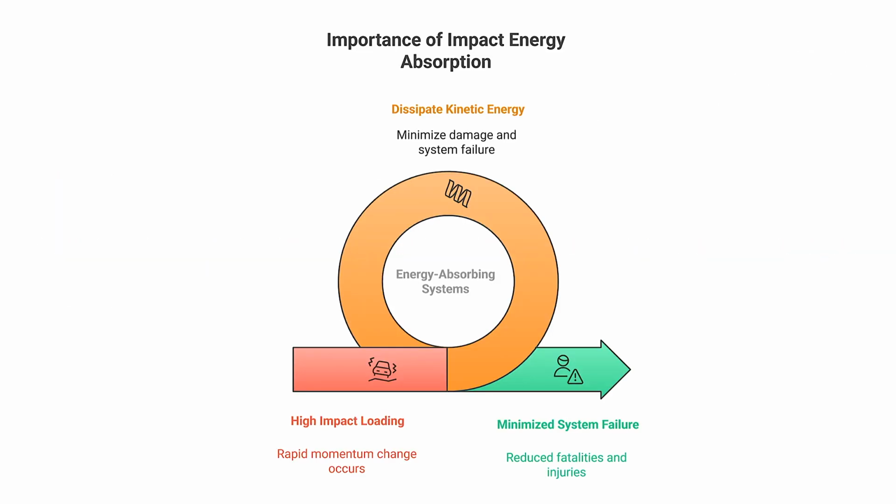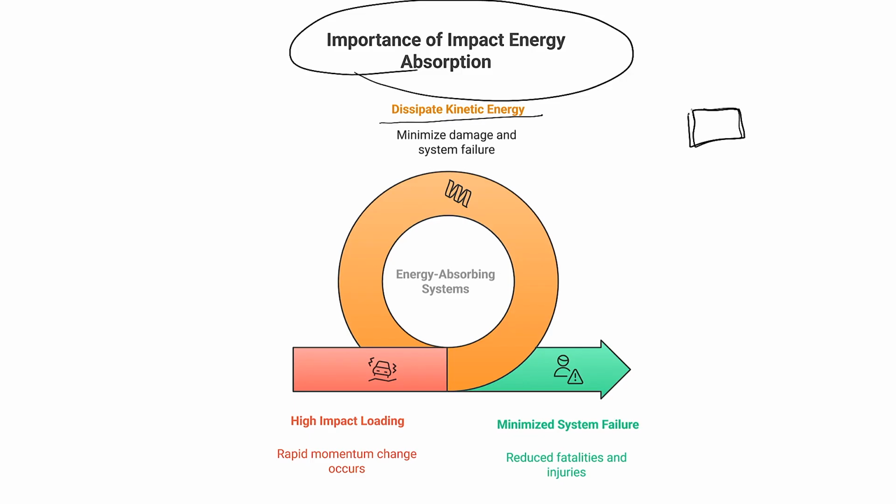Part 1: what is the importance of impact energy absorption? The main criterion is to dissipate the kinetic energy. When a vehicle, or any impactor, is moving with a mass and a velocity, it has a large amount of kinetic energy.